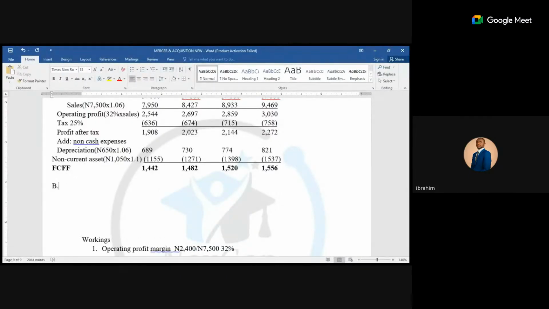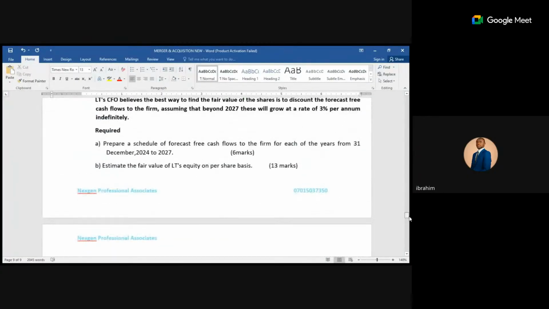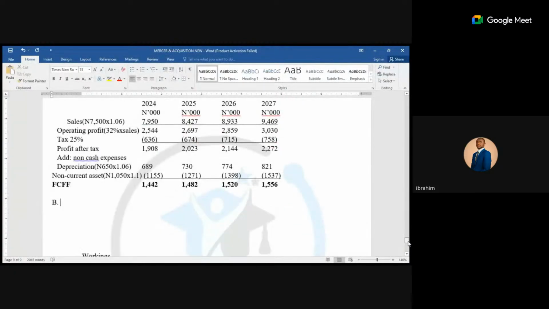B, right? We need to determine the fair value of equity per share.